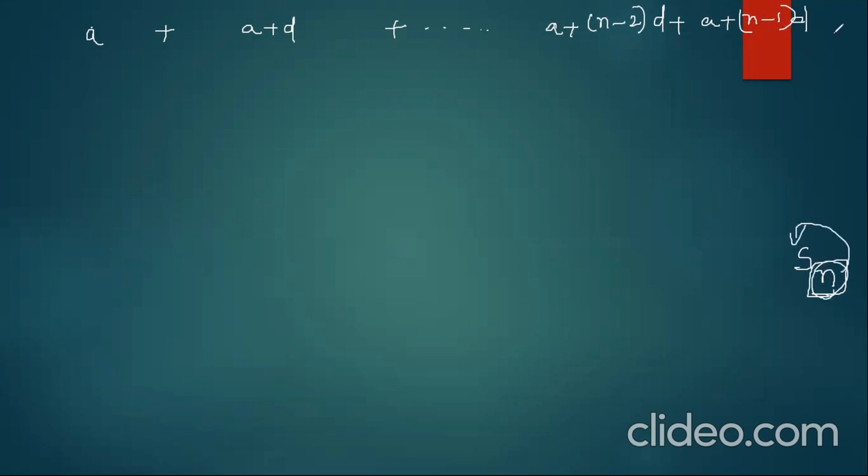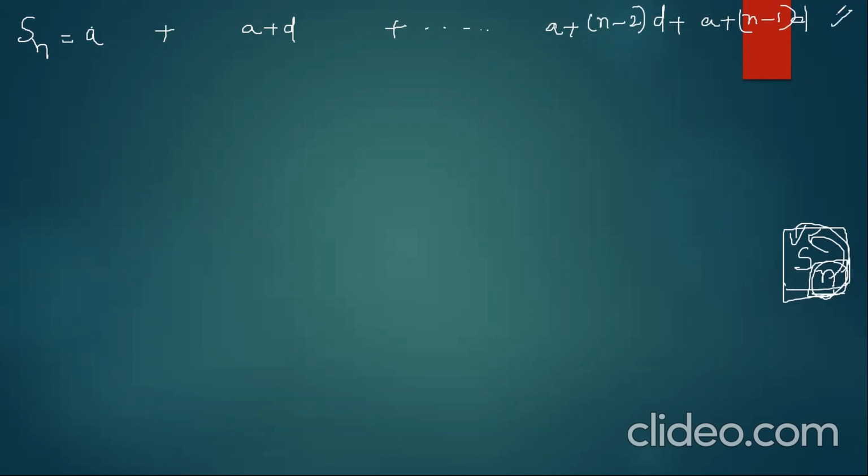No doubt we have n terms in the arithmetic progression, right? So we are adding, that means we are finding the sum, which can be called Sn. So Sn is equal to this, because I am adding all the terms up to n terms.